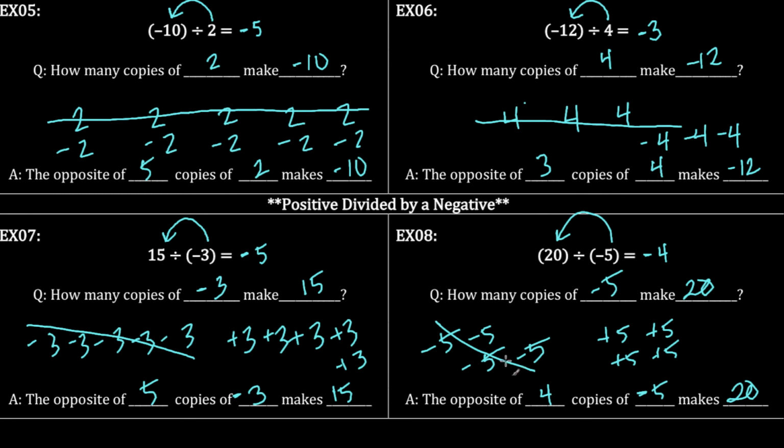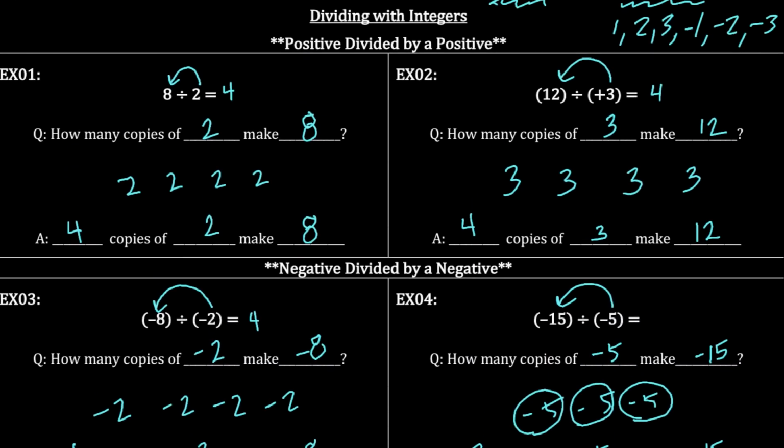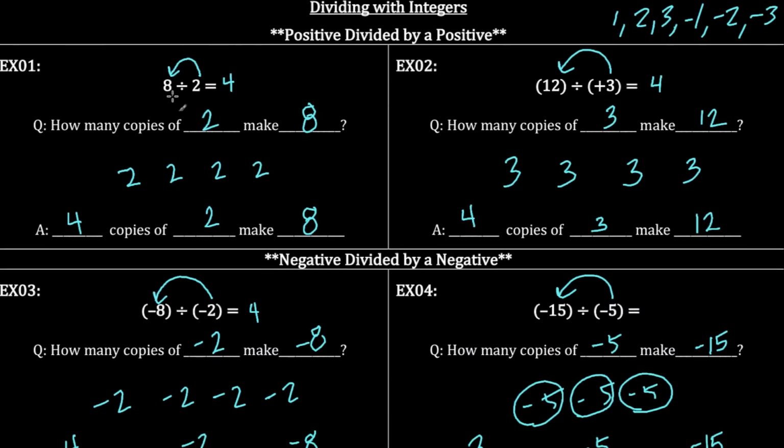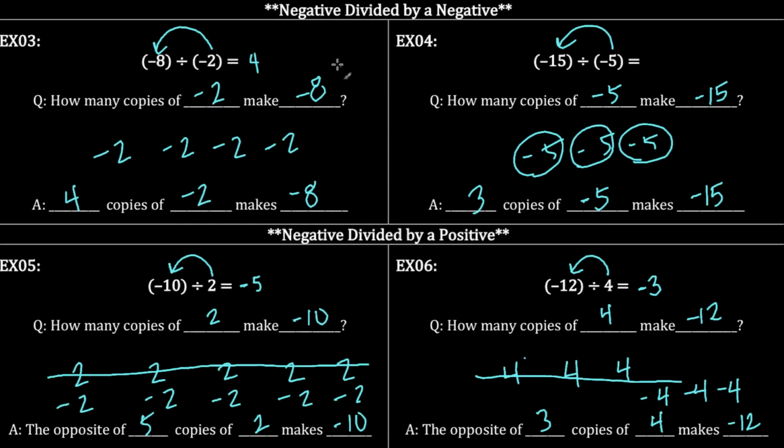Now, if you didn't notice in the last lesson with the multiplication, this is what you originally started off with. A positive divided by a positive was a positive. What about a negative divided by a negative? This was 3 copies of negative 5 make negative 15, so we get 3.